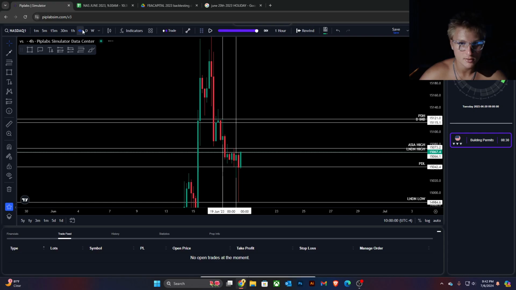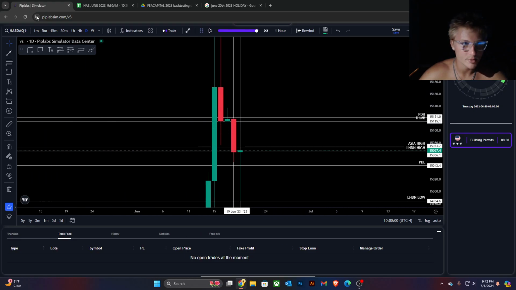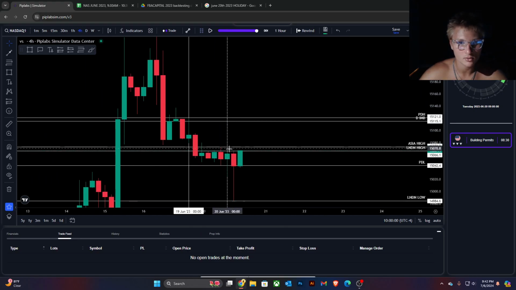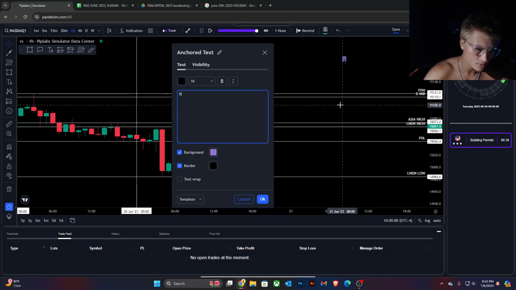Previous daily candle closed bearish, previous 4 hour candle closed bearish, previous 1 hour candle closed bullish. So our bias here is bearish. So daily bearish, 4 hour bearish.